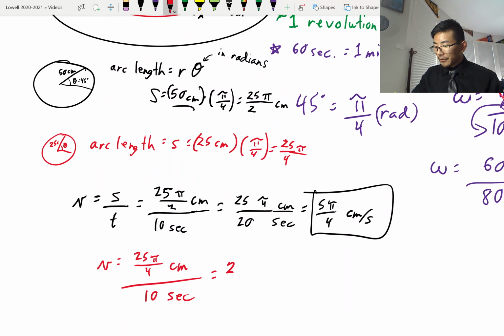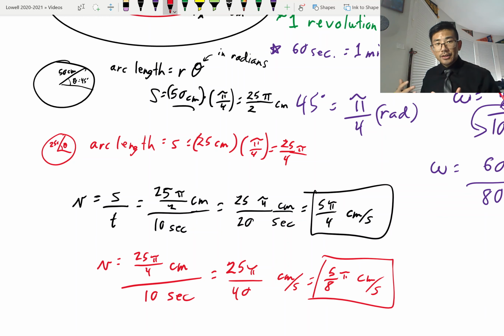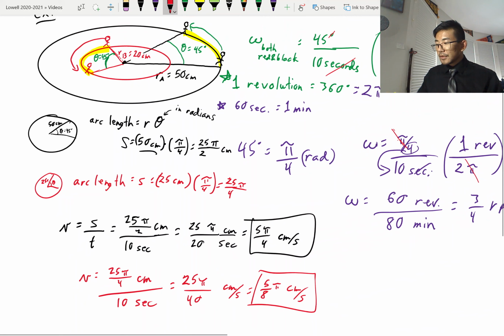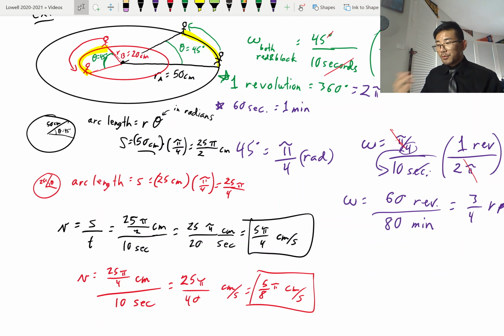So that'll be 25 pi over 40 centimeters per second, which simplifies to 5/8 pi. So that's how you can use angular and linear speed to figure out where your person moved and how fast they went, or how fast your circle rotated.